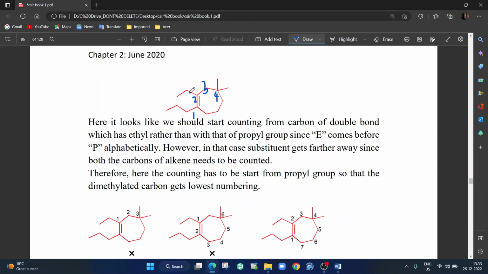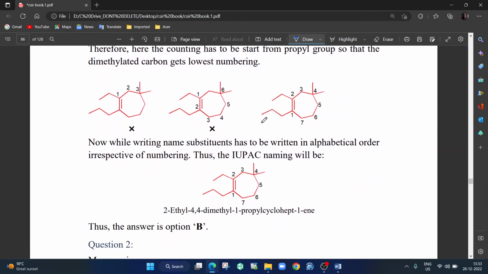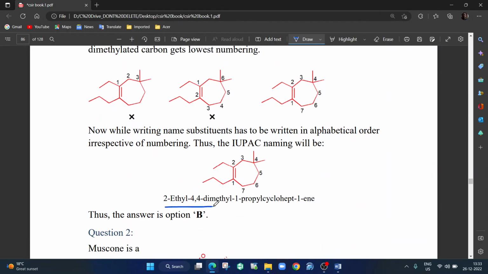First comes ethyl, so it will be 2-ethyl, then methyl, 4-dimethyl, then propyl, 1-propyl, cycloheptene. So, 2-ethyl-4,4-dimethyl-1-propylcyclohept-1-ene. Otherwise, if you do not write 1-ene also, it is all right. So, the answer is option number B.